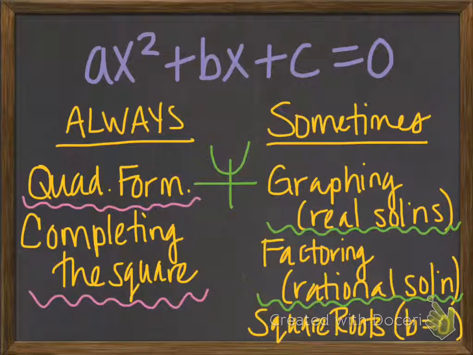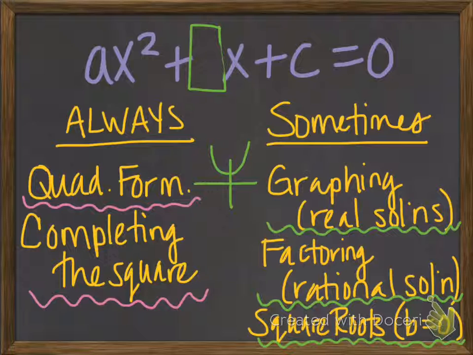Square roots is the method we're discussing right now. And square roots can only be used to solve quadratic equations if the value of b is 0. Because if the value of b is 0, then we'll be able to essentially get rid of that b term.